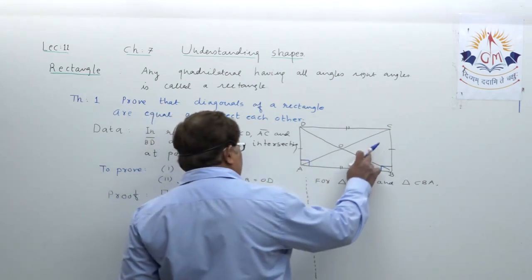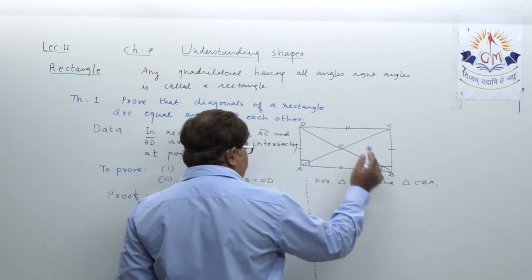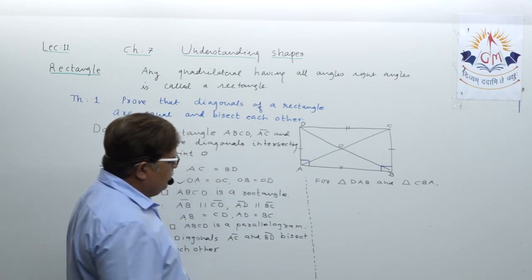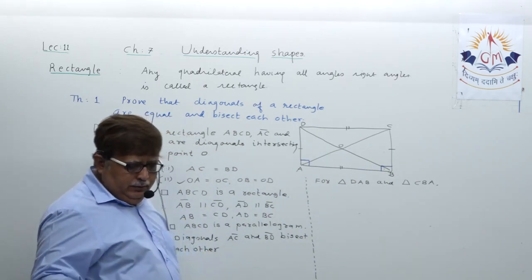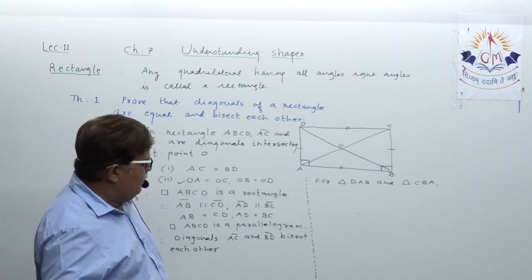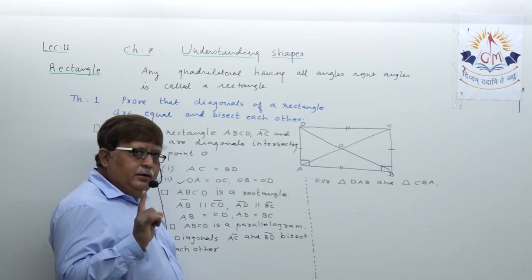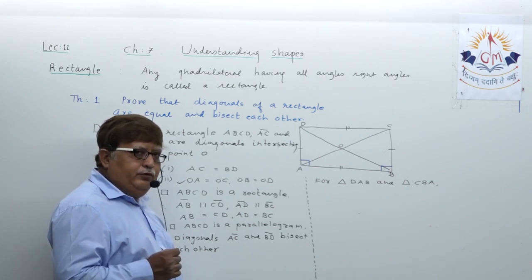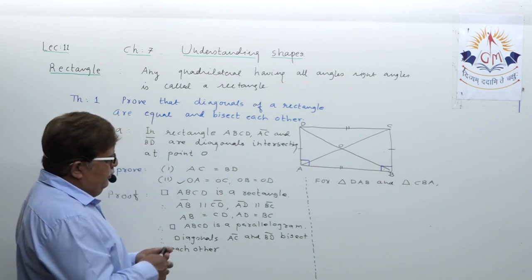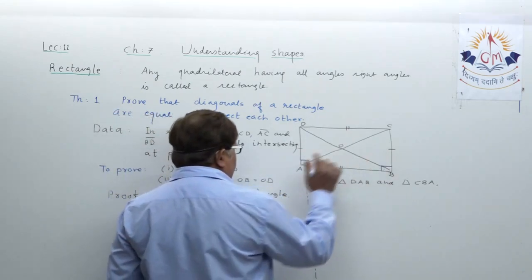Now you look here, triangle CBA: these two sides and this is the included angle. Let us try to prove both the triangles congruent by the SAS postulate.